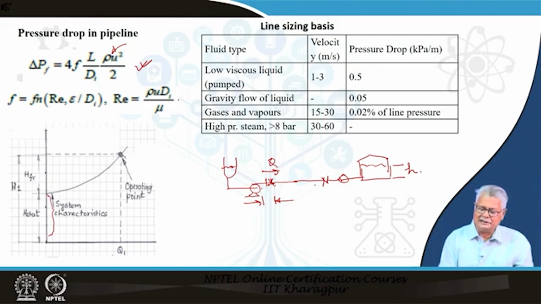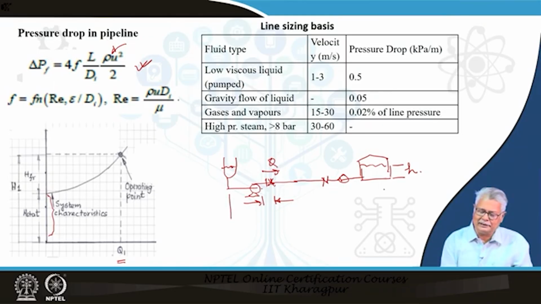The additional amount of frictional head has to be overcome by additional head generated in your pump. So I definitely will have, corresponding to every flow rate Q, some total difference in the head between this point and this point.